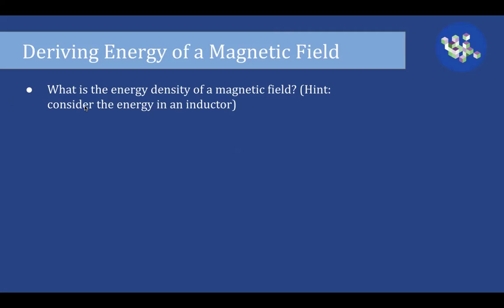So, just some hints. Obviously, to actually prove generally what's the energy of a magnetic field, that's pretty hard. So for now, let's just prove using an inductor what we know for the energy, and then we'll try to prove what's the energy density of the magnetic field.